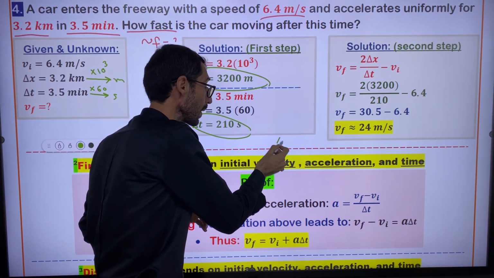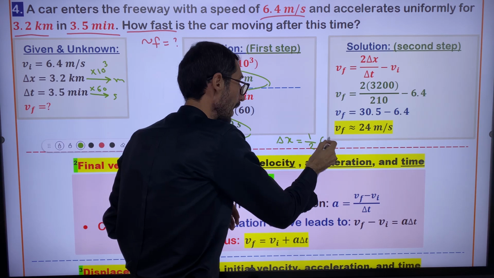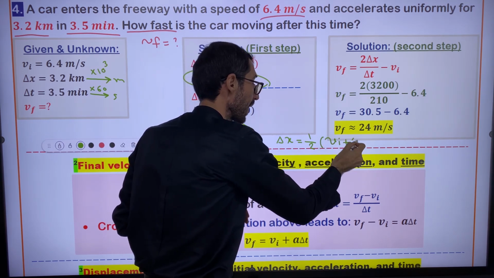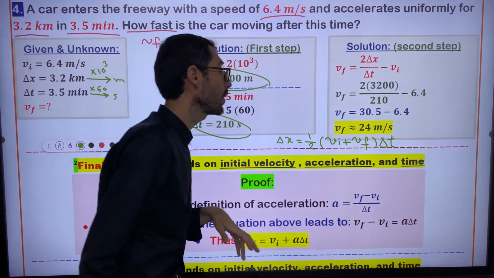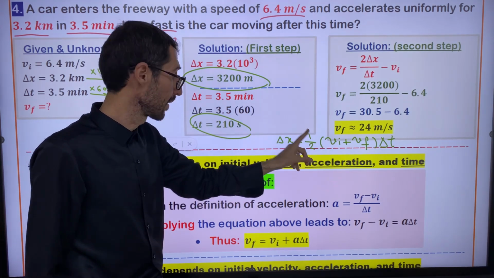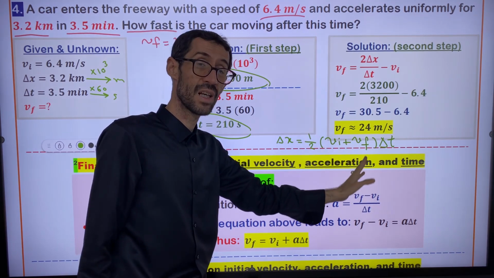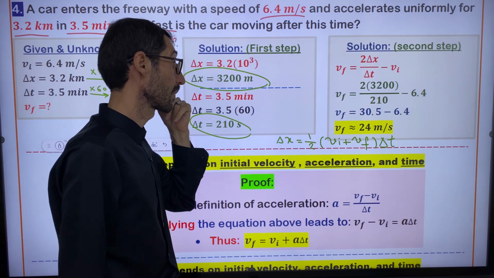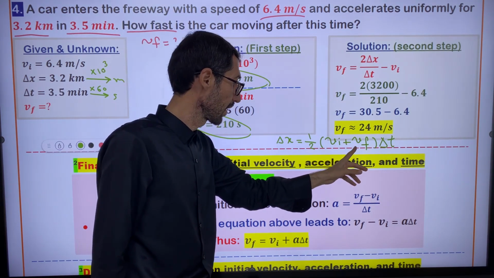The original rule is delta x is equal to 1 over 2 times the sum of initial velocity plus final velocity, times delta t. So the origin of this law is this one, delta x equals 1 half Vi plus Vf, times delta t. We look for V final, right?